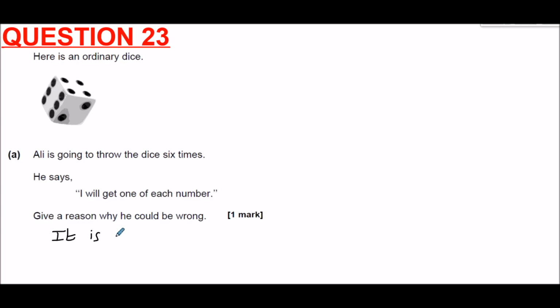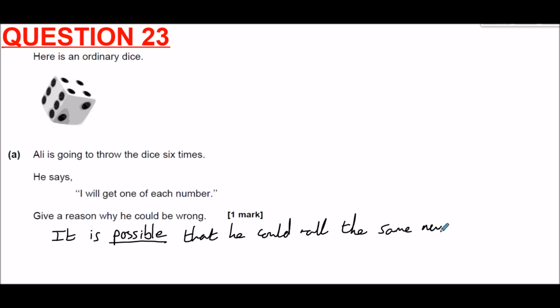it is possible that he could roll the same number more than once. We just don't know. There's that random chance element.